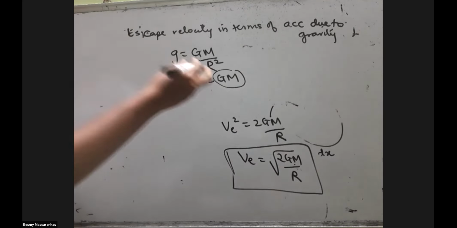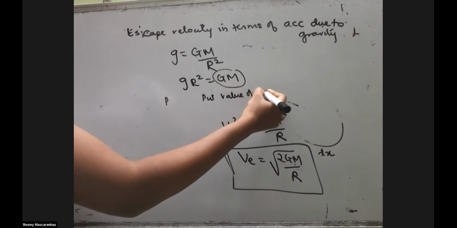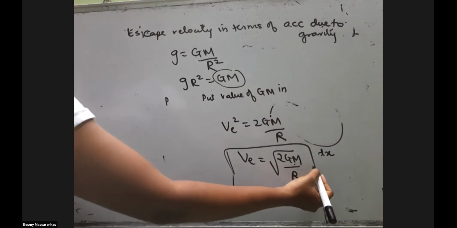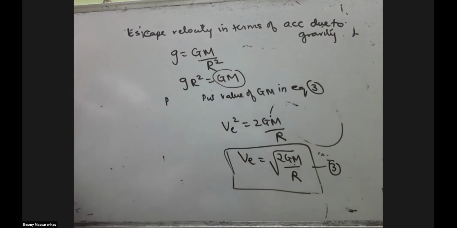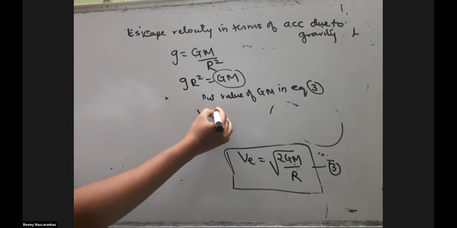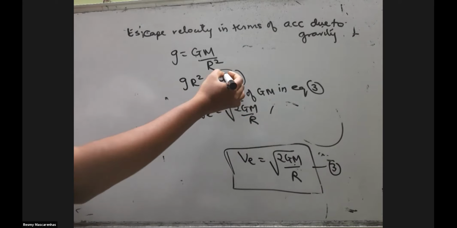So to introduce it, put the value of GM in equation 3 that you have written. What is the value of GM?